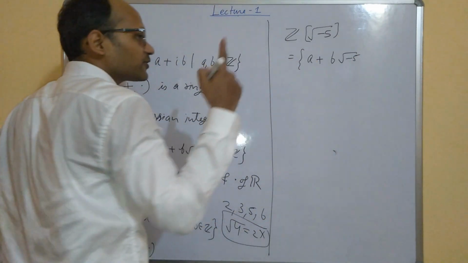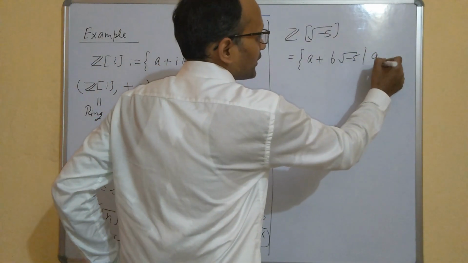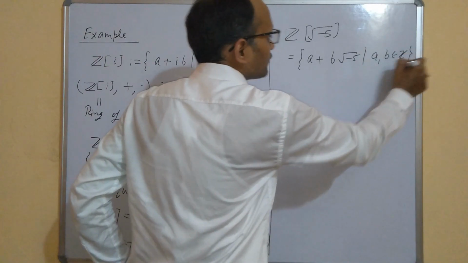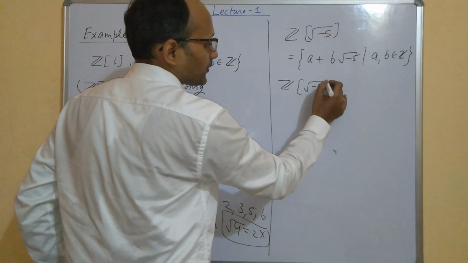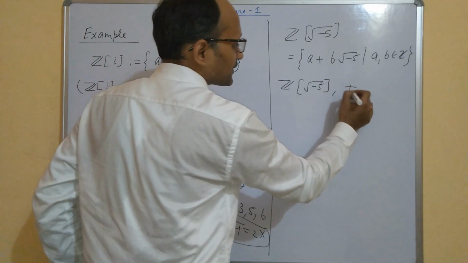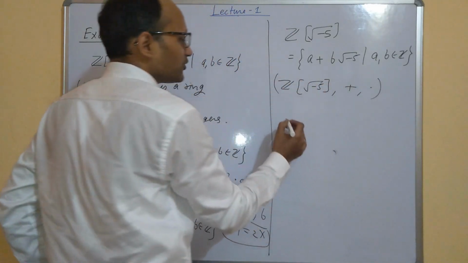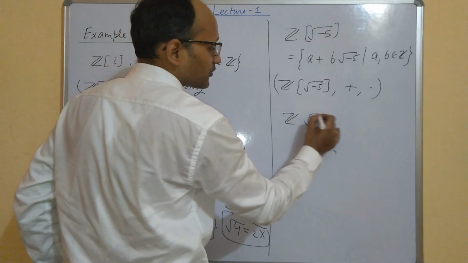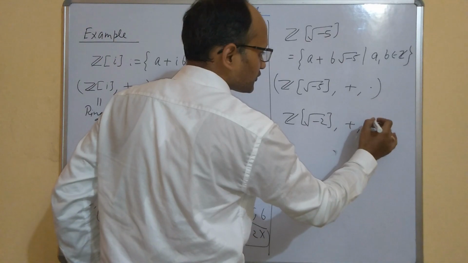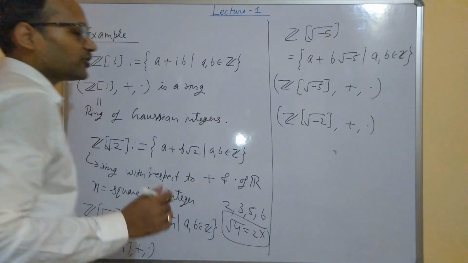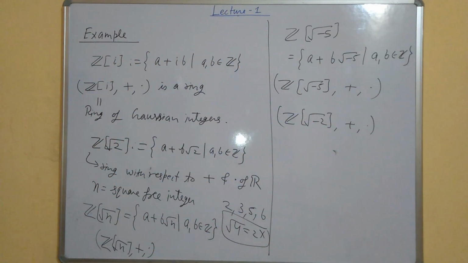Root minus 5 is a complex number, so it will form a ring with respect to addition and multiplication of complex numbers. Similarly, you can see Z[root minus 2]. This is also a ring with respect to addition and multiplication of complex numbers. And so on. We can make several examples like this.